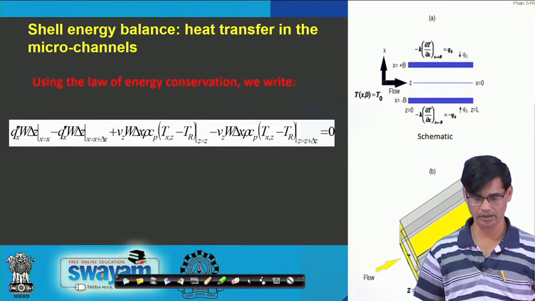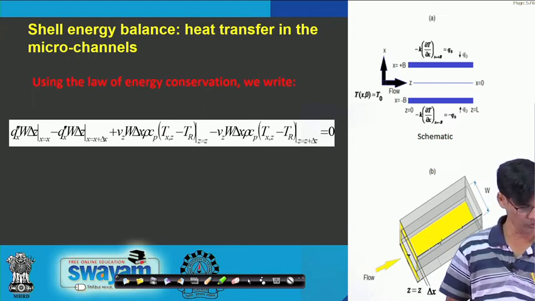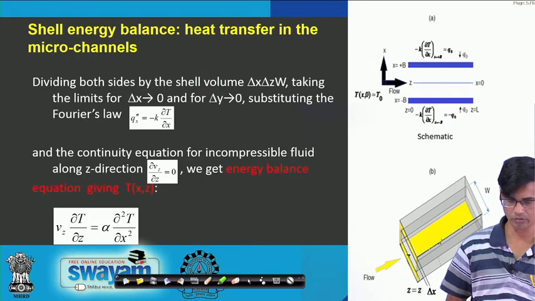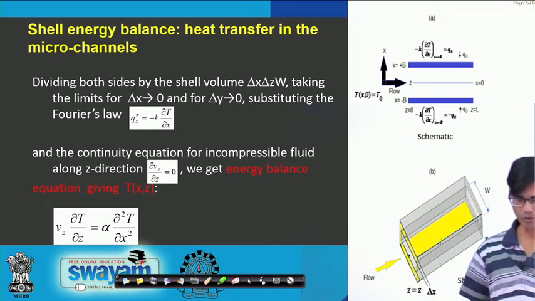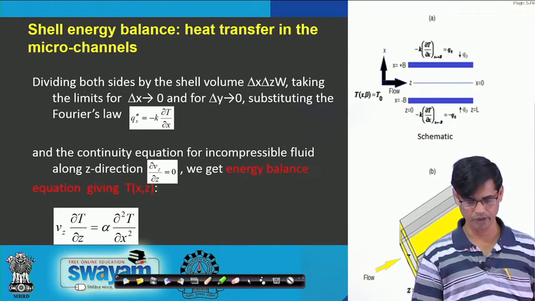Based on this, we can derive the partial differential equation by applying Fourier's law.